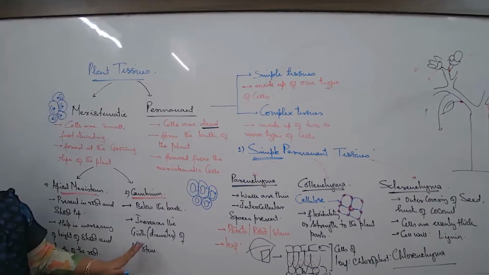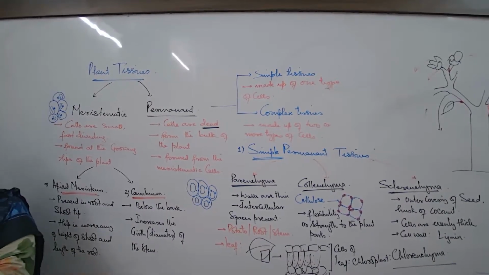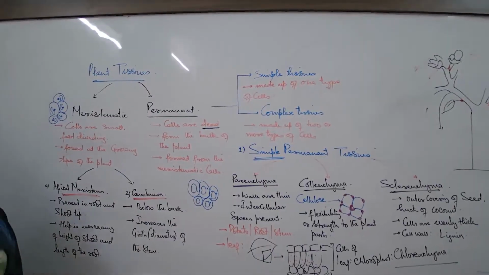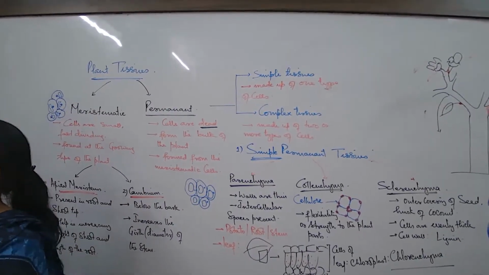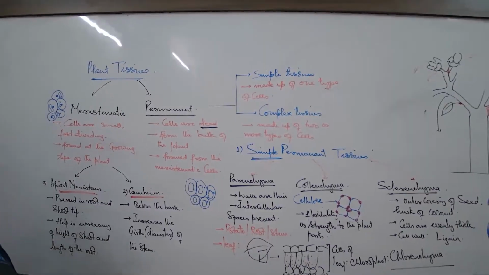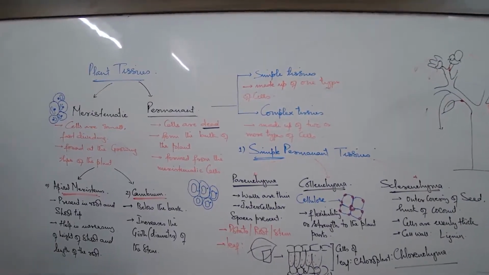Meristematic cells, they are asking. For cells, you have to write meristematic. Tissue, if they ask, then cambium. What type of cells are responsible for increasing the diameter of the stem, root? Meristematic.